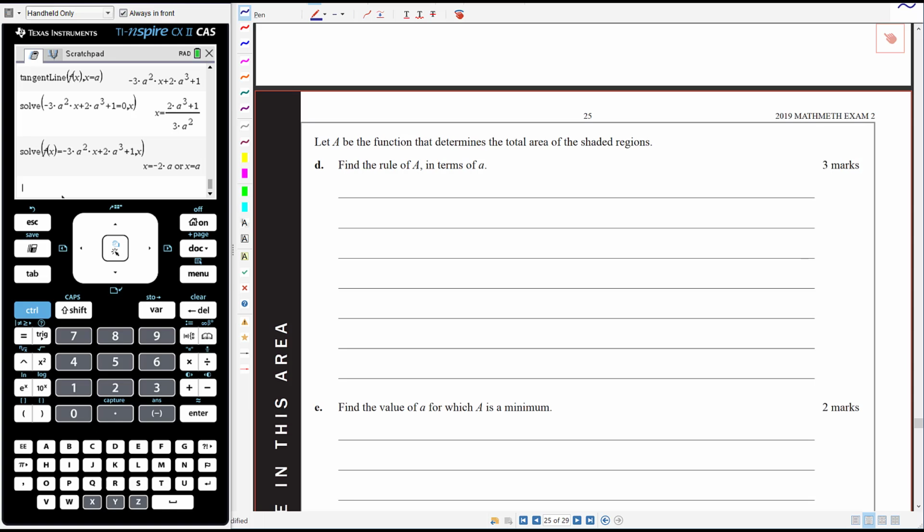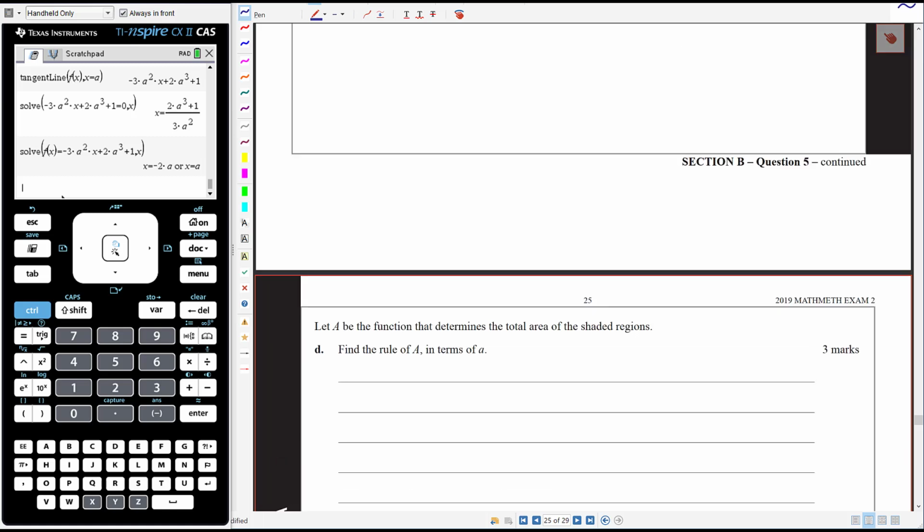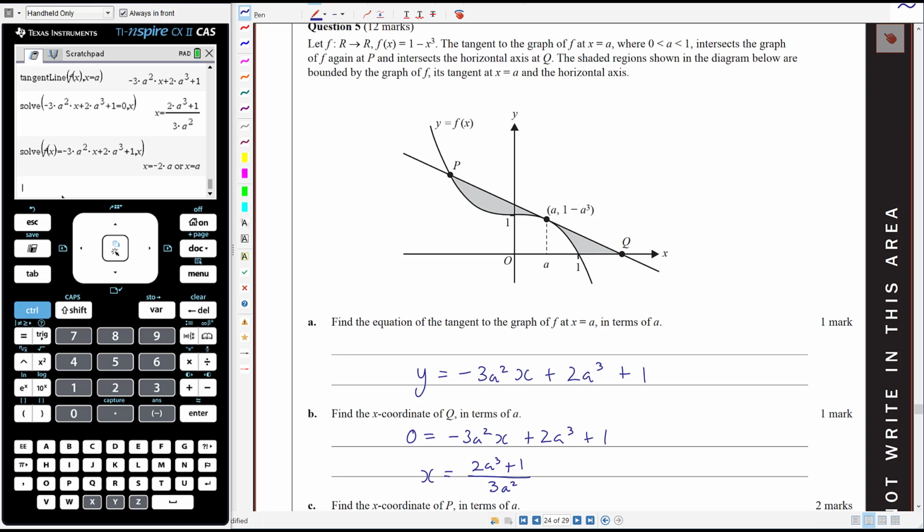Let A be the function that determines the total area of the shaded regions. Find the rule of A in terms of a. Okay, so we want those shaded regions. Now there's a couple of ways to think about this because you've got to be careful about this region here. This is not the integral from a to whatever that q value was, 2a cubed plus 1 on 3a squared, of the tangent minus f of x, because that would be including all this bit down here.